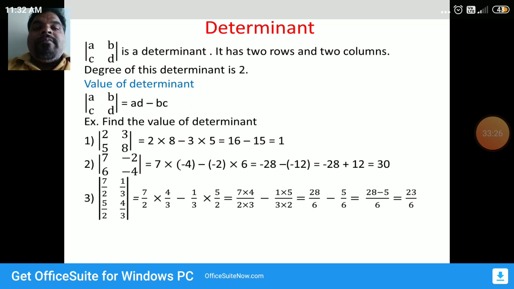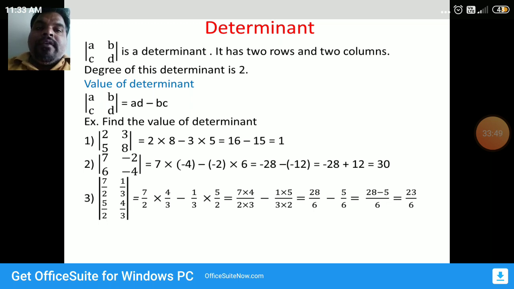What is a determinant? You can write the 4 numbers A, B, C, D like this. It is called a determinant. It has 2 rows and 2 columns. Therefore, the degree of this determinant is 2.